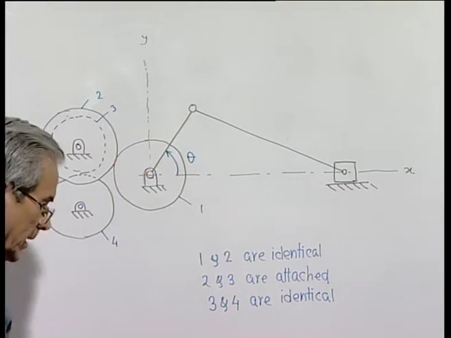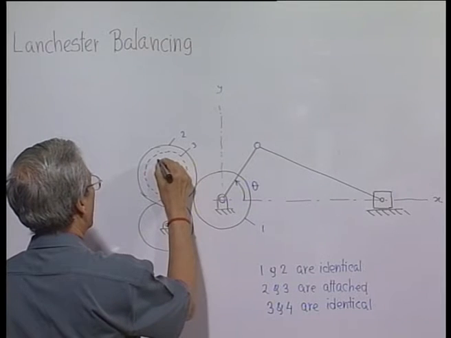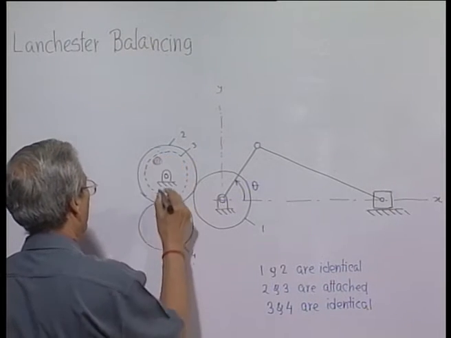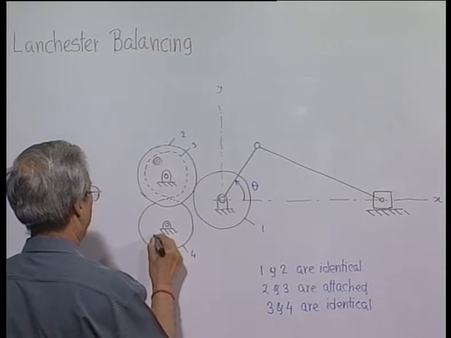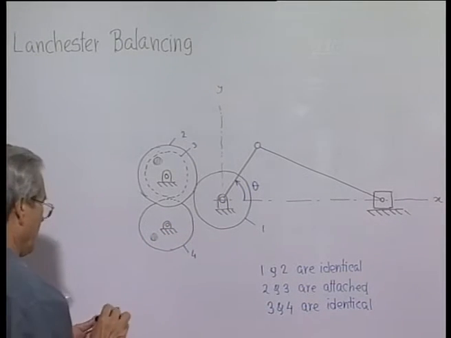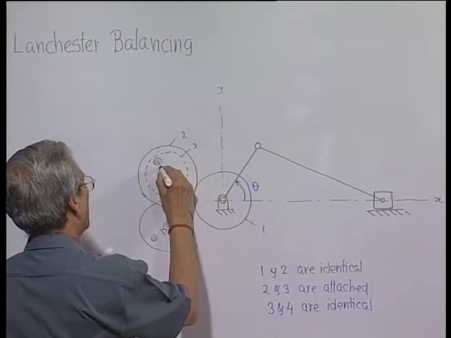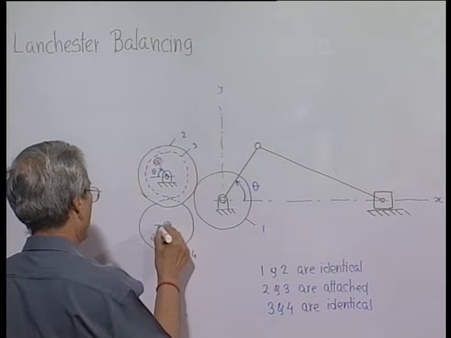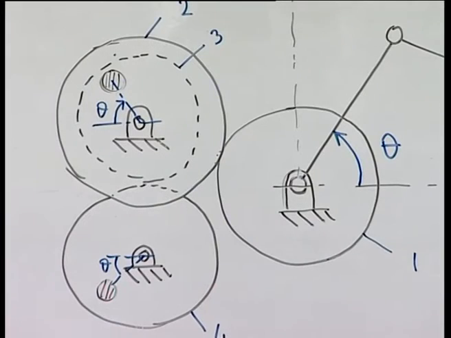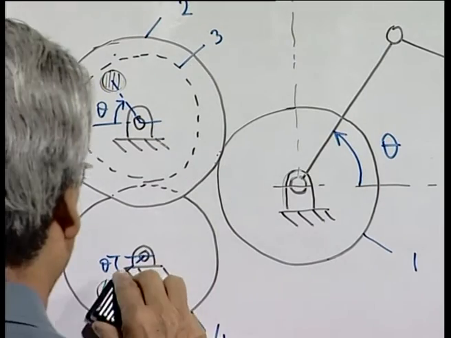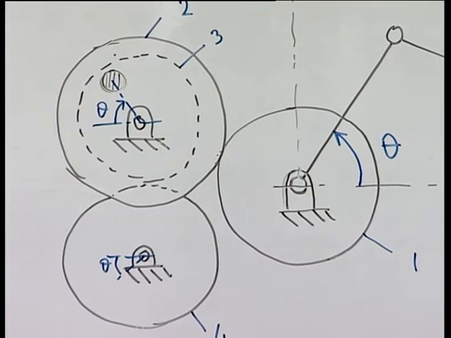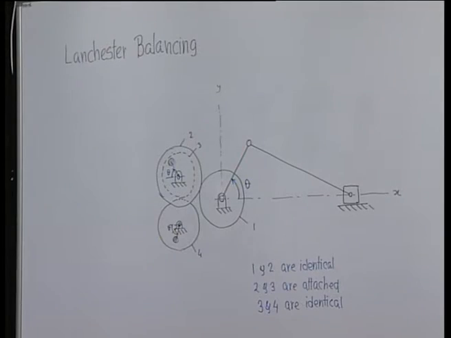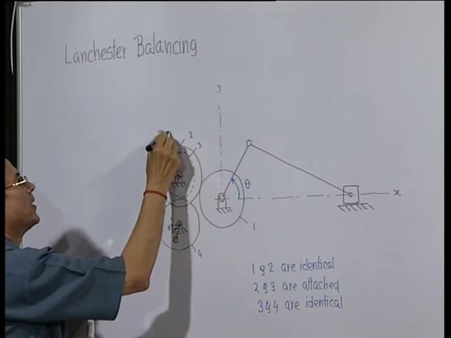What we do now? We attach two masses, and these masses are m reciprocating r.